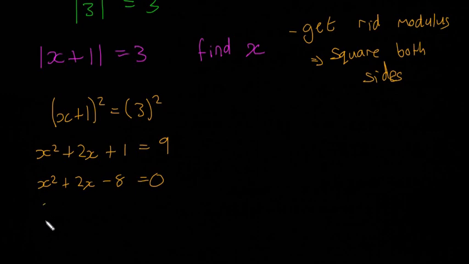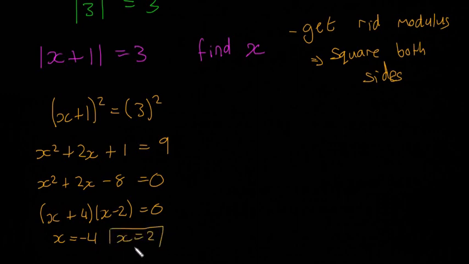Now we have to factorize this, so it's x plus 4 and x minus 2 is equal to 0, and that means x is equal to -4, or x is equal to +2. Those are our two answers. You get two answers with the modulus, even though it looks like it's going to be linear, because of the nature of the modulus, mainly because you square it.